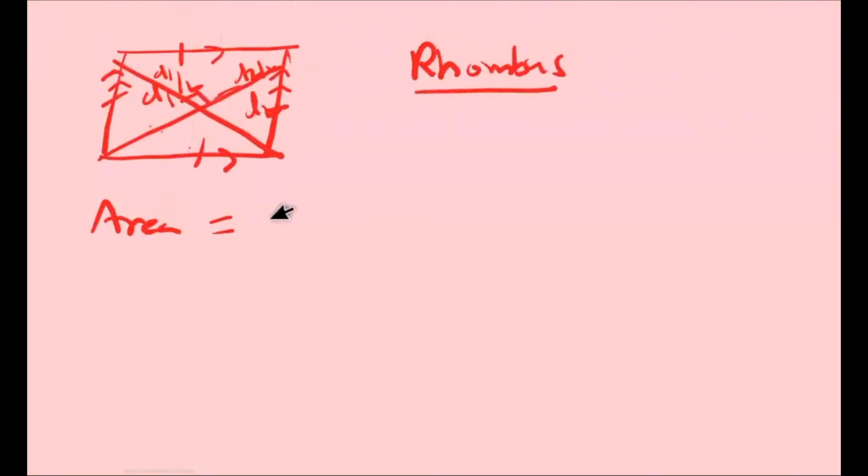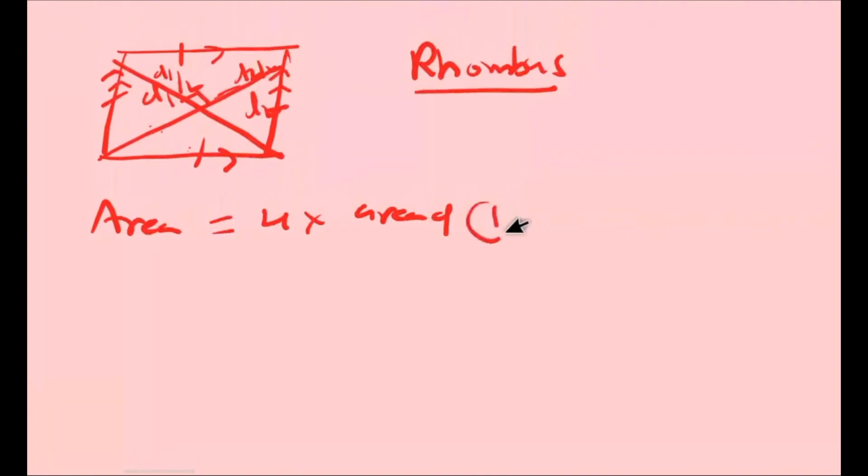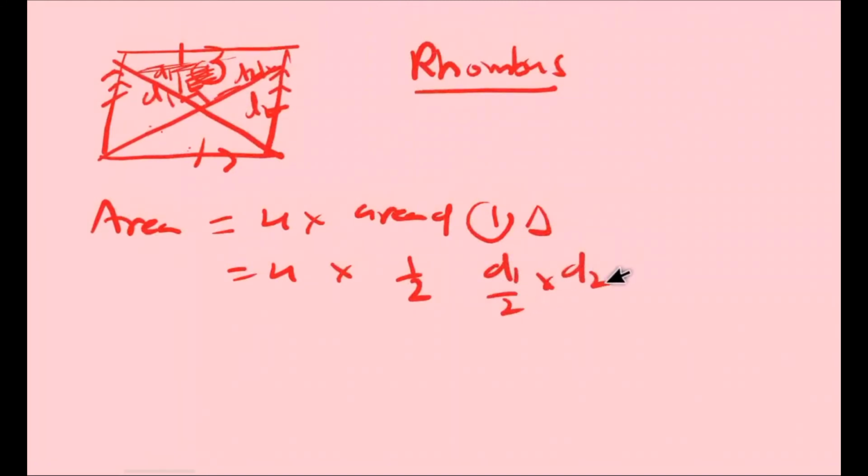The formula will be 4 into area of one triangle. Let this one be one triangle. Now since this is a right triangle, half into base D1 by 2 into D2 by 2. Now this 4 is cancelled out with this one.